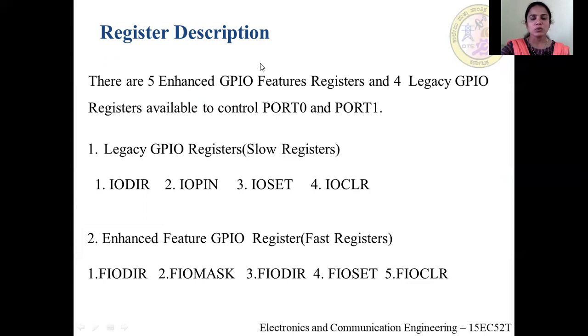All these registers are used for the same purpose, but depending upon the speed of operation of the registers, they are classified into two types, legacy GPIO registers and enhanced GPIO registers. The enhanced GPIO registers operate faster than the legacy GPIO registers.